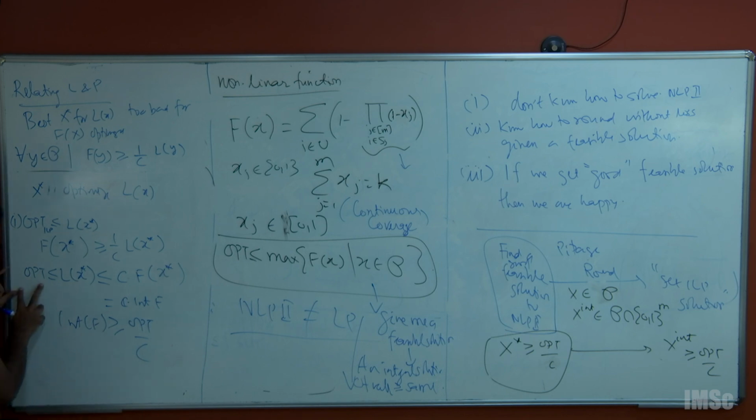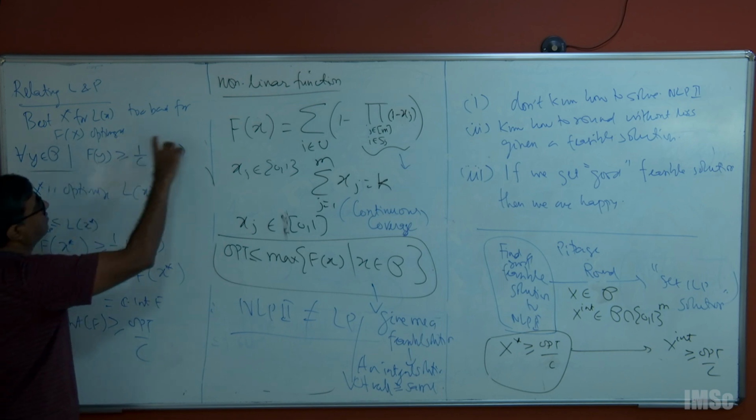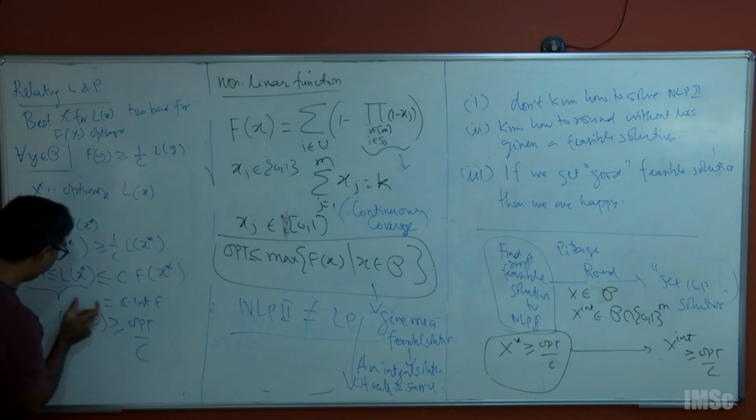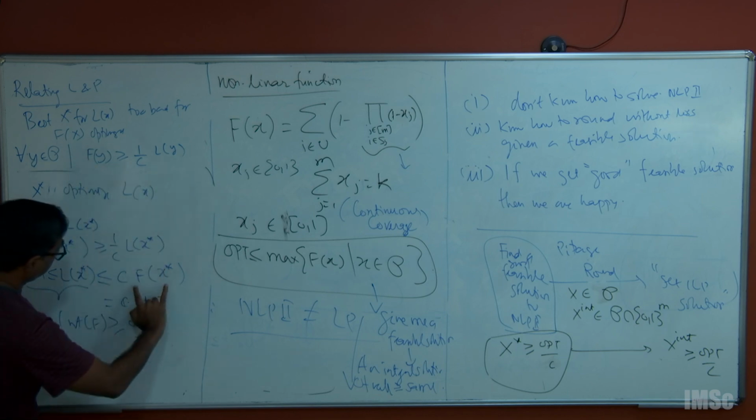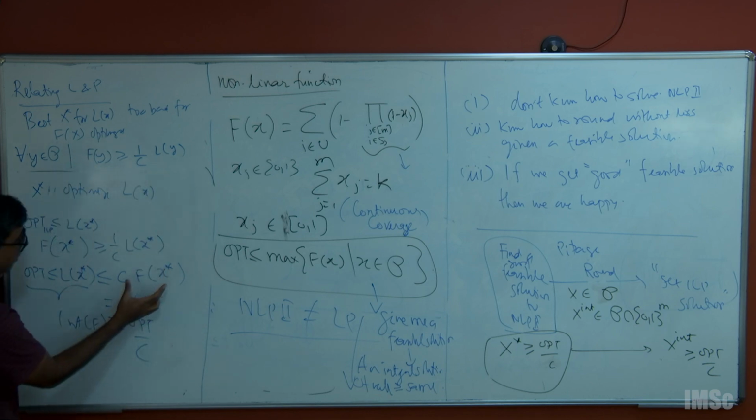Look at this: opt is less than or equal to L of x star, and now I have shown that at each value the function is 1 by c times this, which implies that c times this is an upper bound on L of x star. But from this I can convert to an integral solution of the same value.